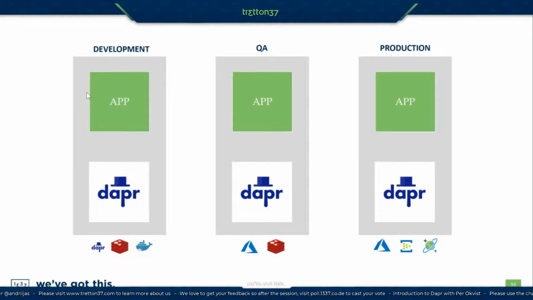But on a note, when we come to bindings, some bindings could be more specific. So if you're utilizing a binding to communicate with Twitter, that is not that interchangeable. But if you're using different state stores and moving from Redis to Azure storage or to something like an AWS store, it's interchangeable. But bindings might be more pinned.